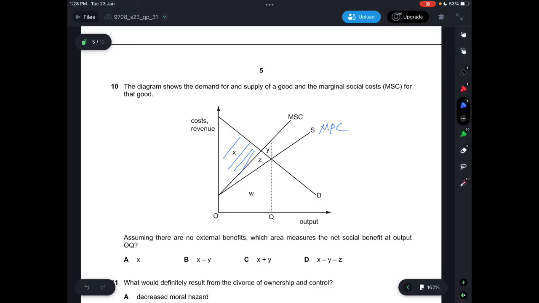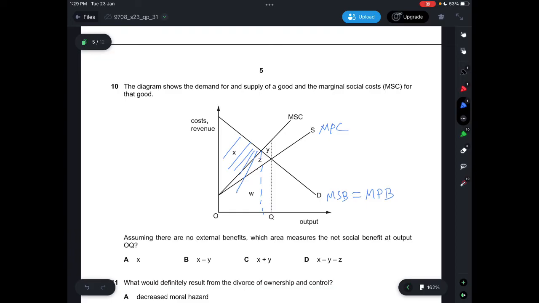Okay, so in this case, in order to calculate the net social benefit, your net social benefit would have to be the entirety of X, which is MSB, the demand curve, equals MPB, and then you have to minus Y. Because if we're not producing at OQ, we're producing at a point where MSC equals MSB, your entire MSB would be everything below the demand curve.